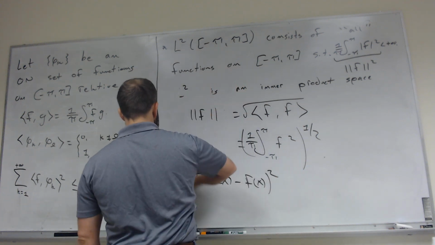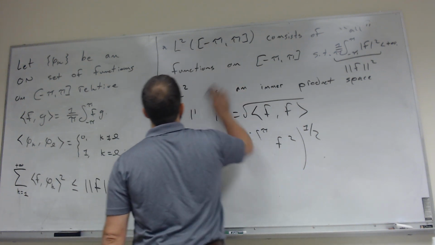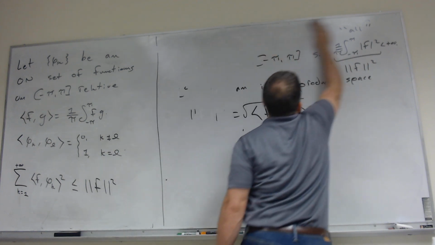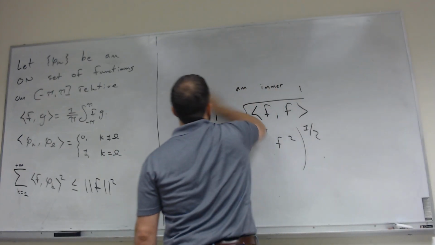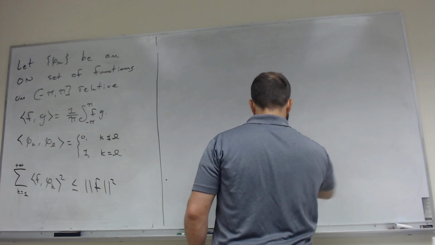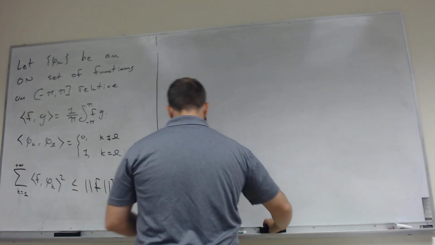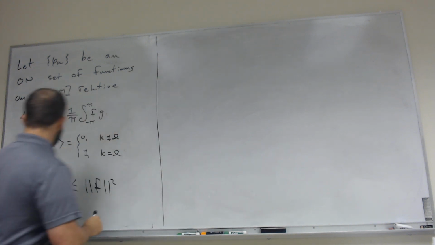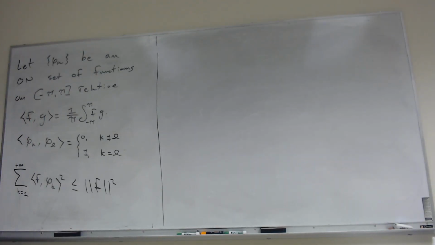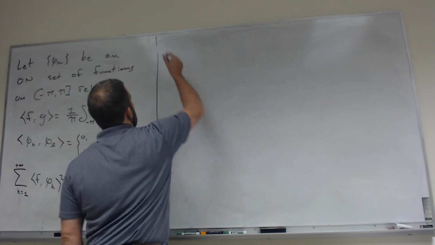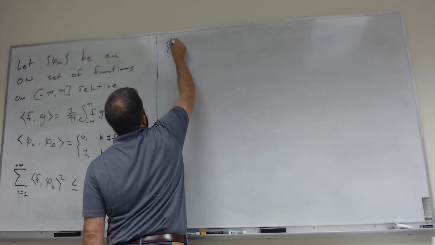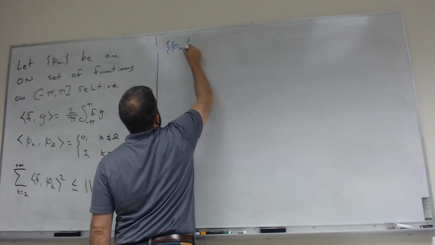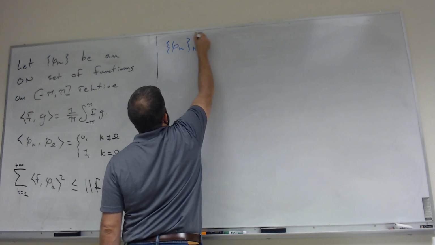Okay, so the last thing that I want to mention, just to set up what we're going to be doing here, is this inequality that's called Bessel's inequality. Okay, and we're first going to start off with the following. So we're just going to look at the first n of these functions, so k equals 1 to n.